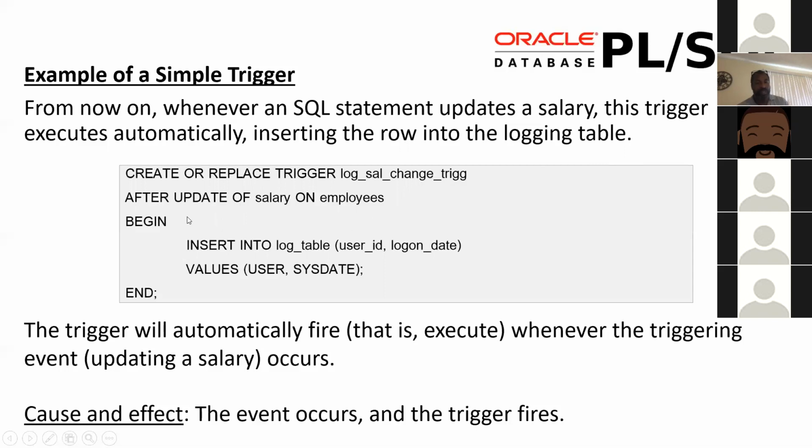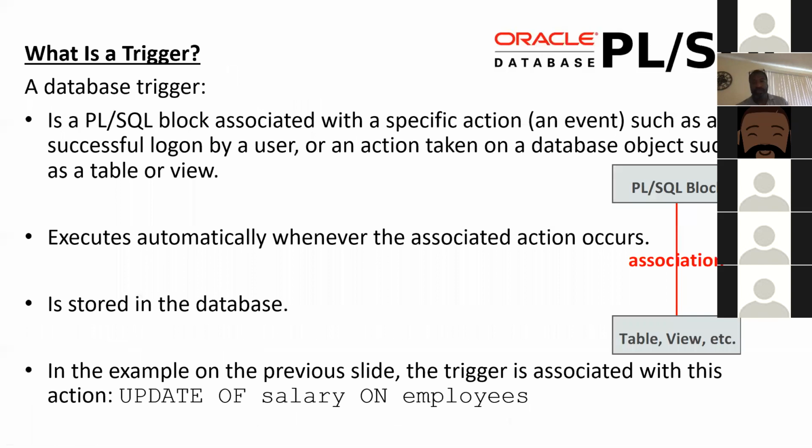After update of salary on employees. So salary is the column, employees the table, and in the executable block you're just running an insert statement. So whenever this update occurs, this trigger will fire, updating this log table. Basically an event occurs and a trigger fires. That's essentially your association with a trigger. It's really pretty much that straightforward.